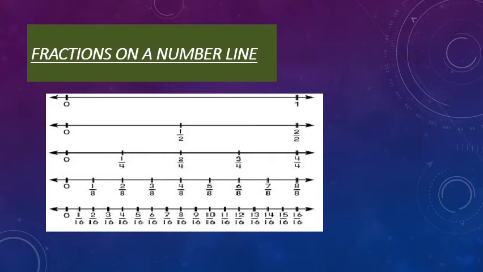As in the first example, the gap of 0 to 1 is given, and in the second figure, it shows 1 by 2 is coming exactly in between. So what is happening? The gap between 0 to 1 is being divided into two halves. When we are representing 1 by 4, 2 by 4, 3 by 4, 4 by 4, then we have divided the gap into 4 equal parts.